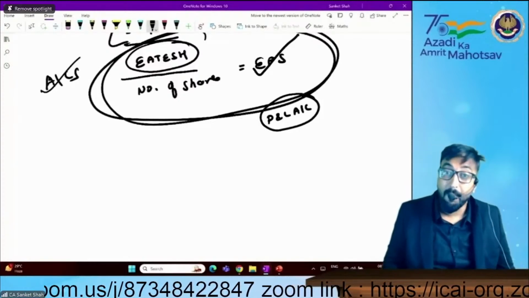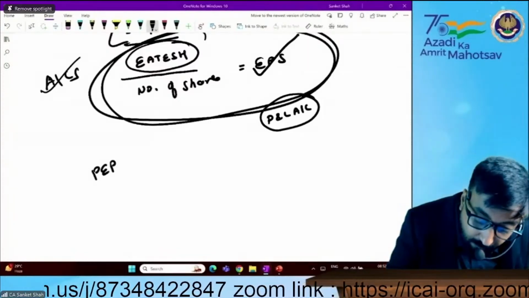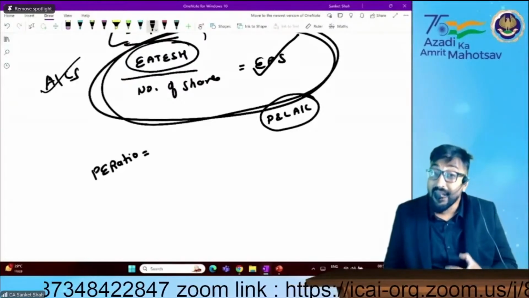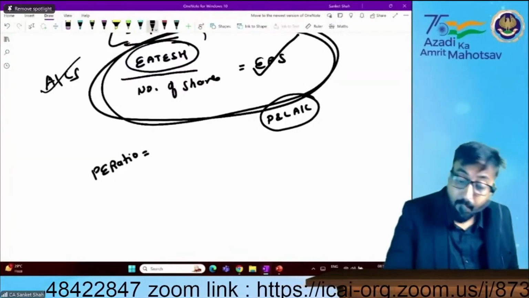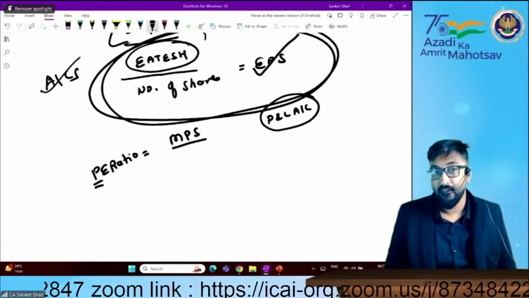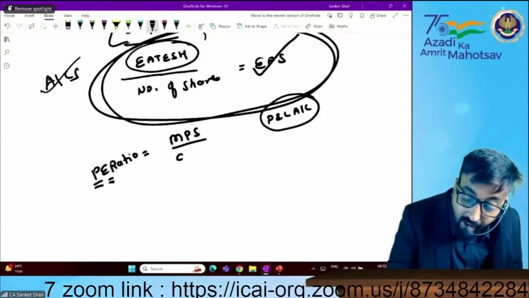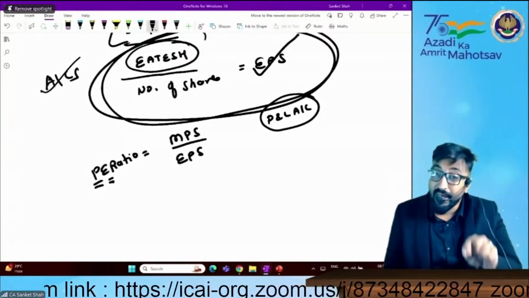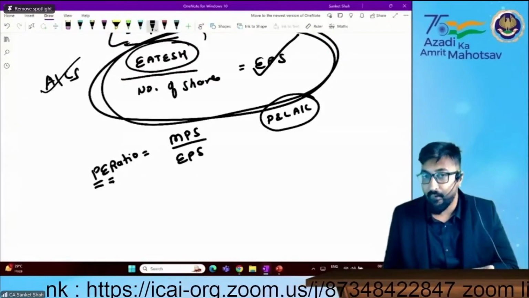Now, if you see the price earning ratio, you can easily find out market price per share divided by EPS, earning per share. This is called the PE ratio. In ratio analysis, you are already aware of this.